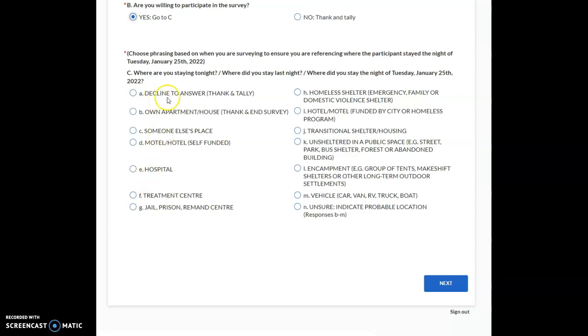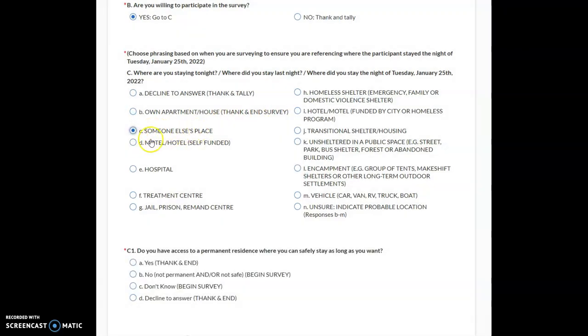And if the respondent declines to answer, then you'll go to the tally sheet. If they say their own apartment, then you'll thank them and end the survey. If they answer somebody else's place, a motel or hotel self-funded, a hospital, a treatment center, or a jail, prison, or remand center, then you'll have to answer question C1.